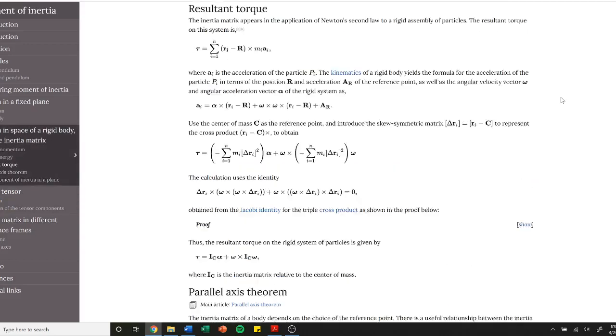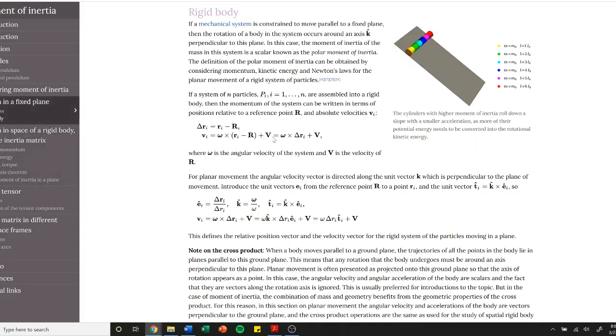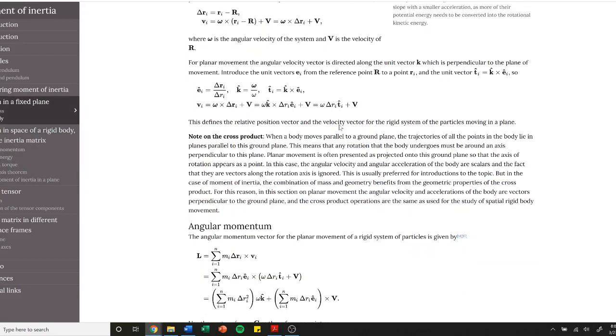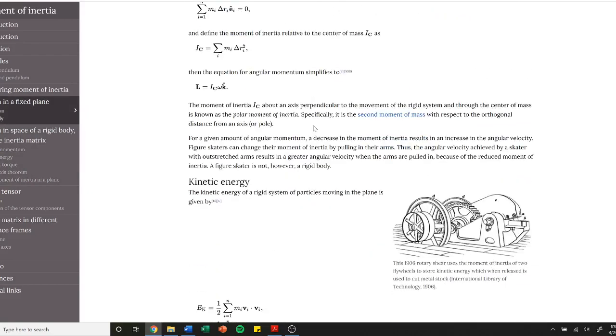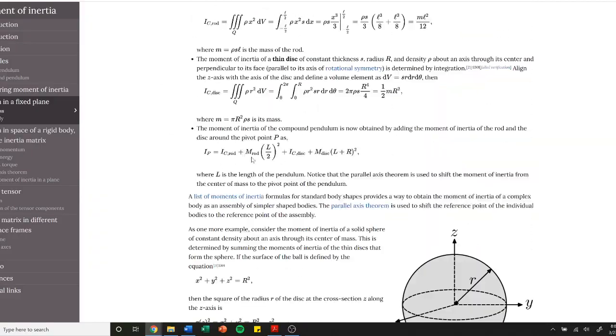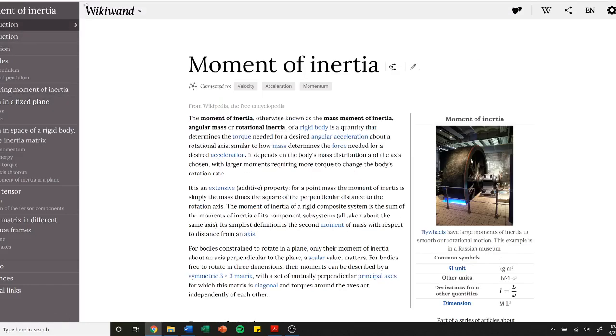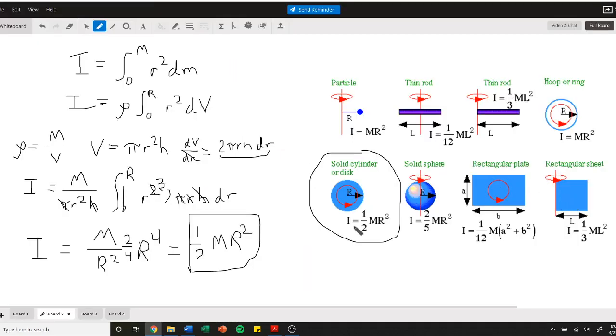Did they move it? Rigid body. Oh, it's not on this page. There is a page where all of these things are tabulated on Wikipedia. They have a huge table of all kinds of different moments of inertia.